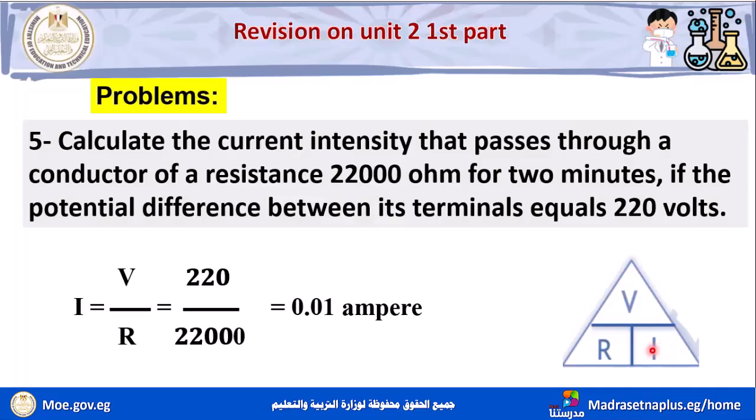So I equals potential difference divided by R electric resistance, equals 220 volts divided by 22,000 ohm, equals 0.01 ampere.